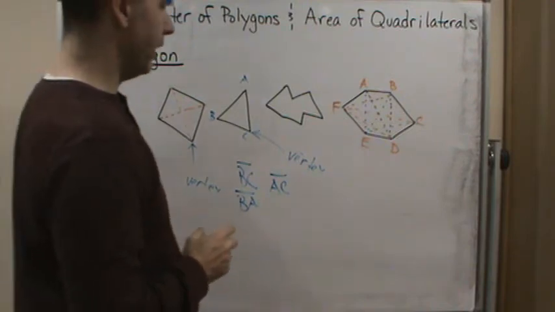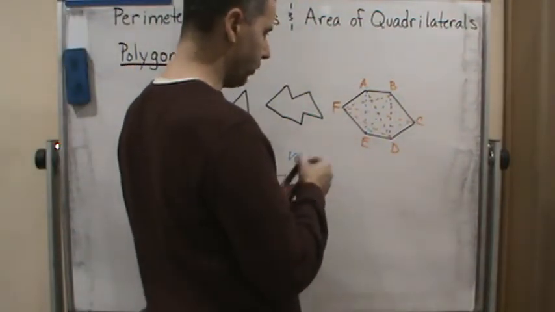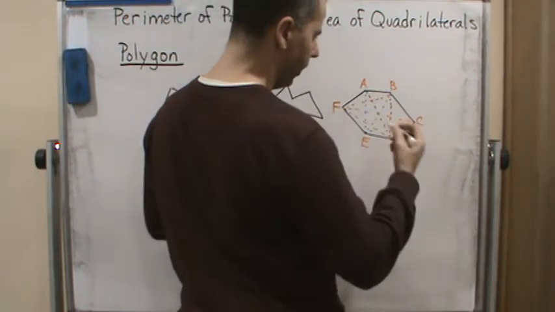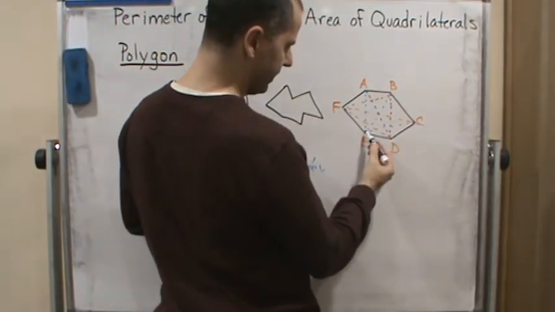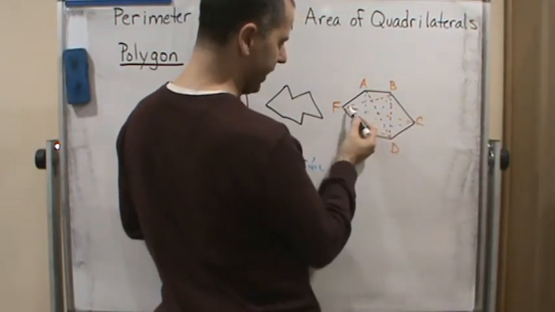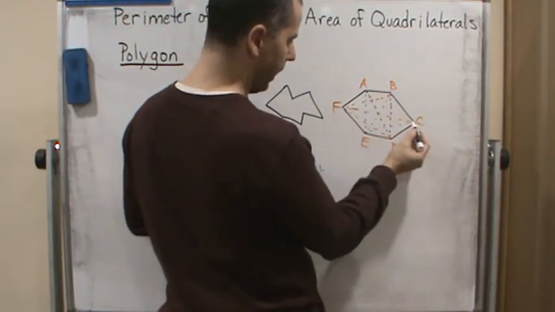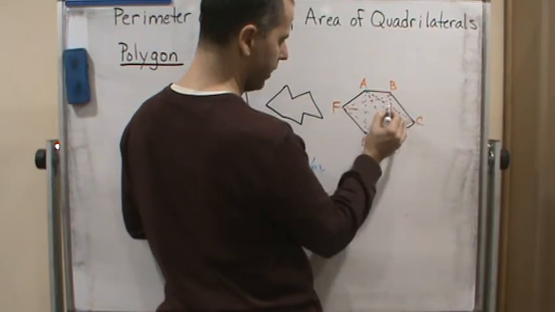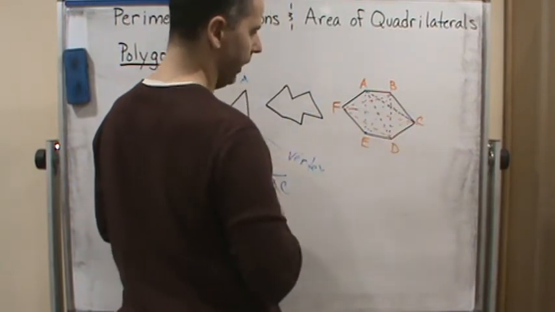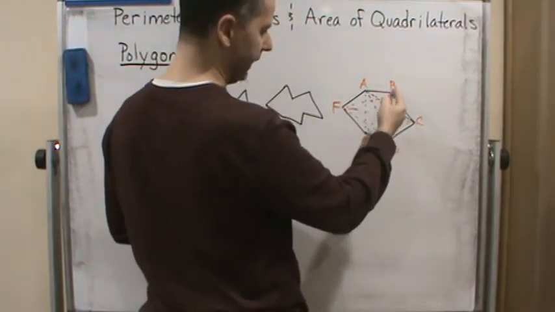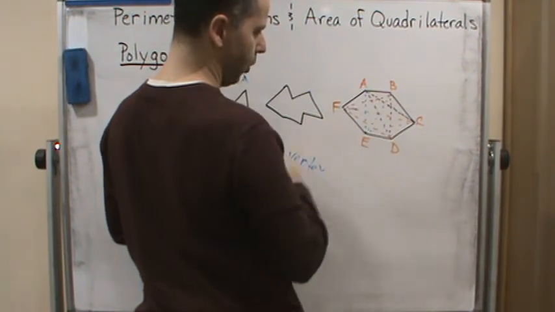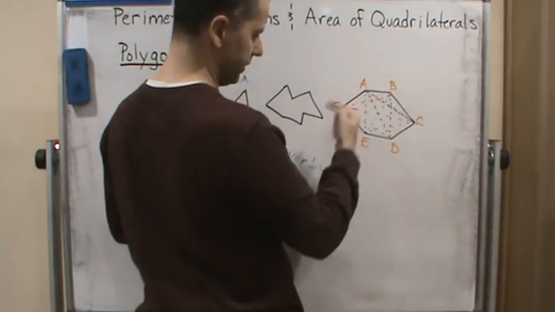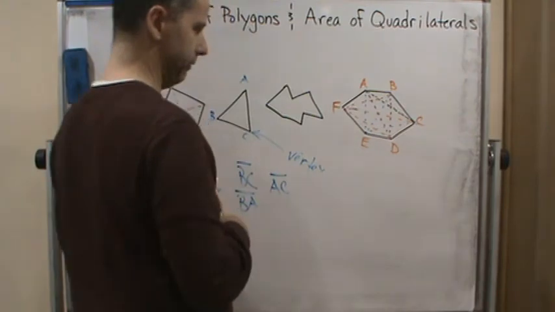Okay, and then when I go to C, well, I can go down this diagonal, that's the same, or I can go down this diagonal, that's the same, or I can go down this diagonal, so this is a new one. So there's another diagonal. Okay? And then if you notice that B has 3 diagonals that we've already created, and so is A, and we're right back to F.